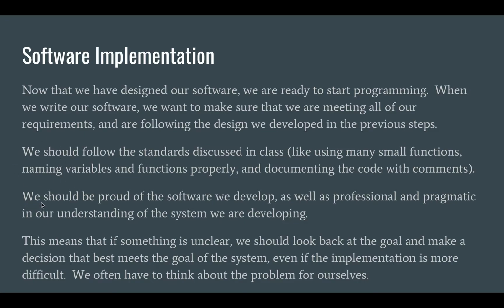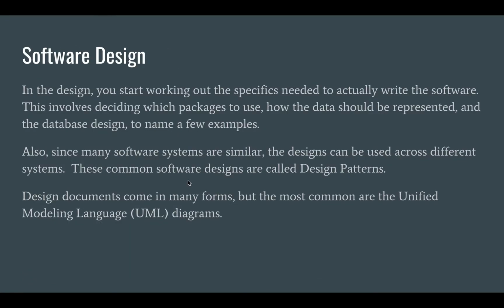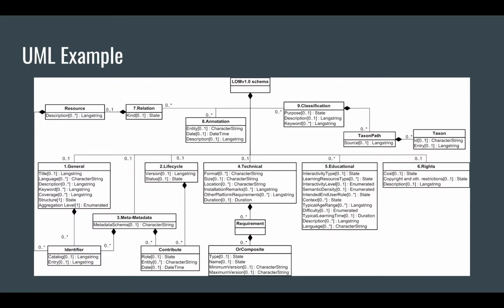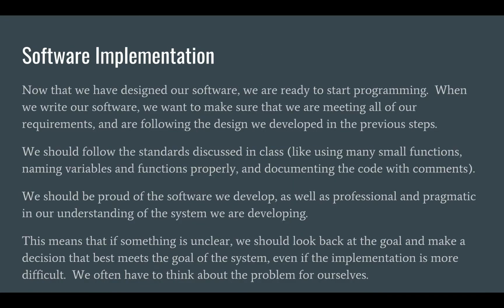Next, we should be proud of the software we develop. Let's say you're turning in some assignment. You've done some sort of pseudo design just to come up with the way the software should work. Maybe you've come up with some requirements because you got stuck and you needed to know what the software should do. We're ready to implement it. We should be proud of that implementation.